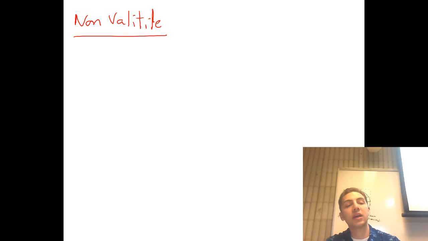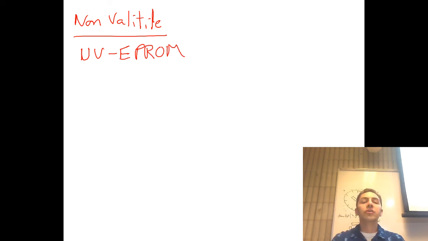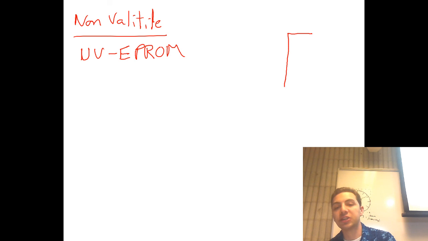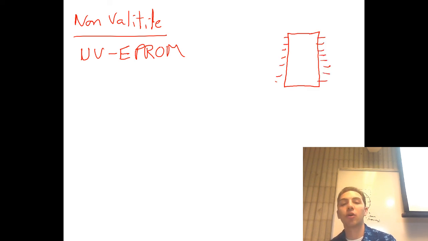So originally we had something called UV-EEPROM. Okay. UV really just means like ultraviolet light. You would get a chip like that, and it would have all the appropriate stuff on it.